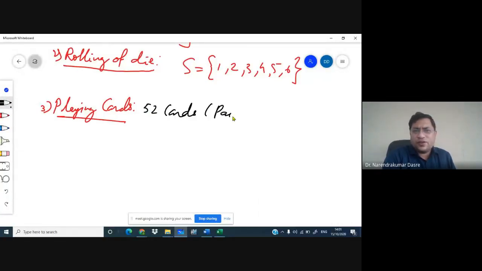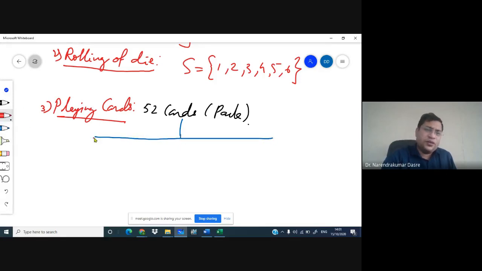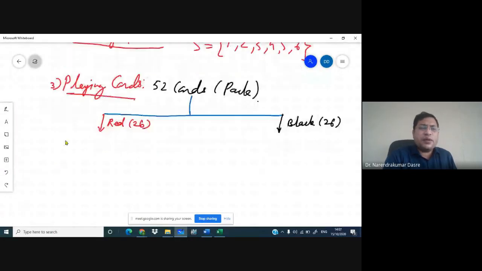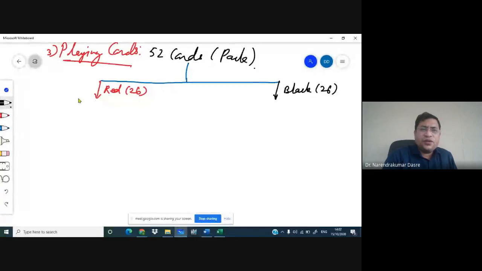So we have 52 cards. We call it a pack. So what do we have in these 52 cards? If I differentiate the cards on the basis of color, then we have red color cards which are 26, and we have the black color cards which are 26. Now in this red and black, again we have two types of cards.